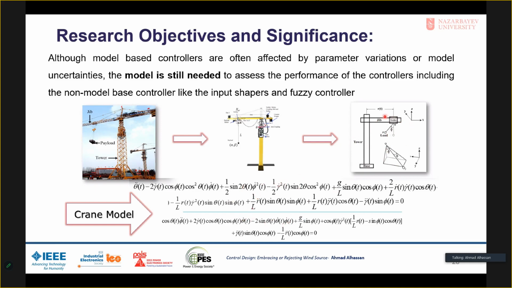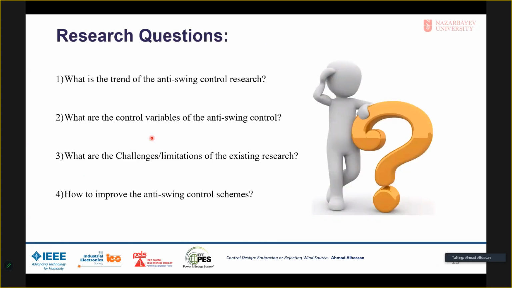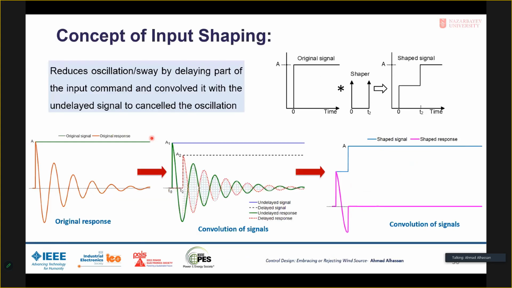So we analyze these equations, put them in the simulations, then make them in the laboratory scale, then finally implement them on the physical system. So we try to see what the challenges or the trend are, how this anti-swing control has been going on, and also what variables we need to control and the limitations of anti-swing.